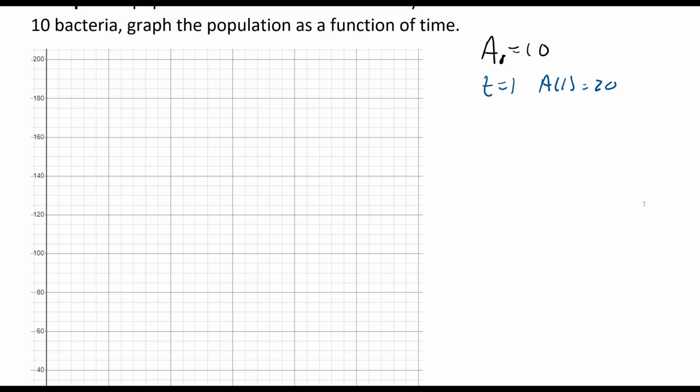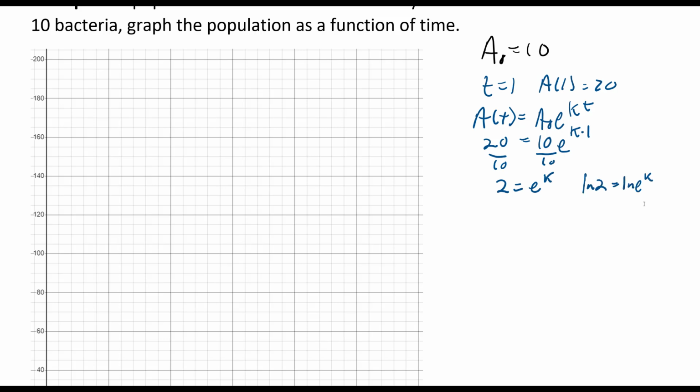So if we have A of t equals a sub 0 e to the kt, 20, which is what happens after an hour, is equal to 10 e to the k times 1. So divided by 10, 2 equals e to the k. The natural log of 2 is the natural log of e to the k, but that cancels, so natural log of 2 equals k.